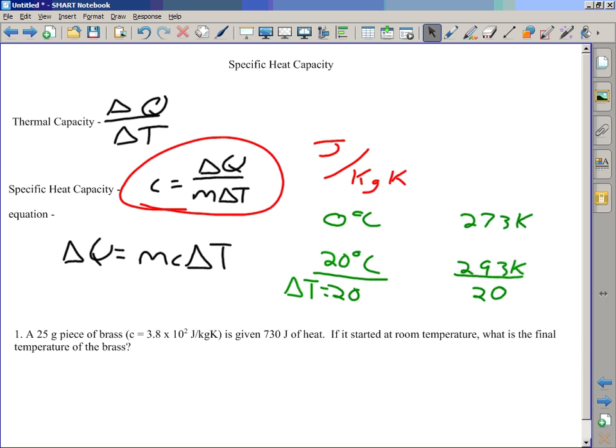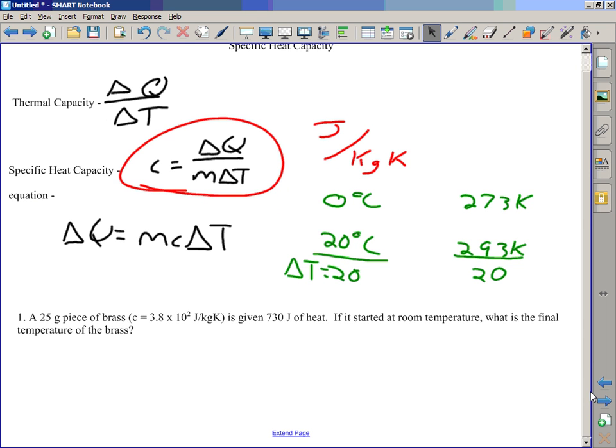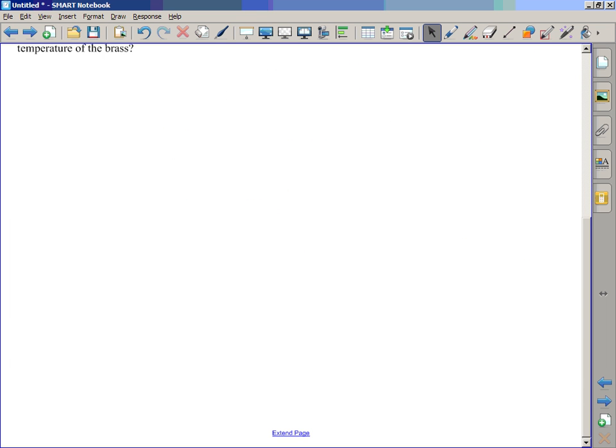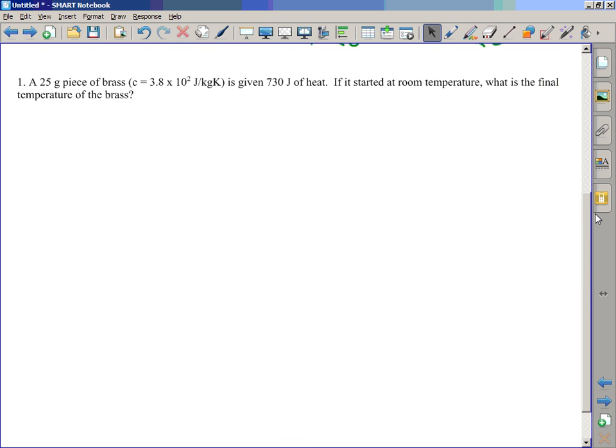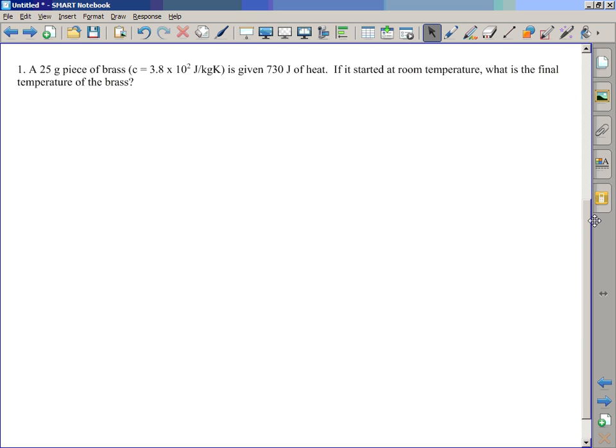So a problem. A 25 gram piece of brass, C equals 3.8 times 10 to the second. By the way, there's that chart in your book that I showed you where you can get these things from. It is given 730 joules of heat. If it started at room temperature, what is the final temperature of the brass?